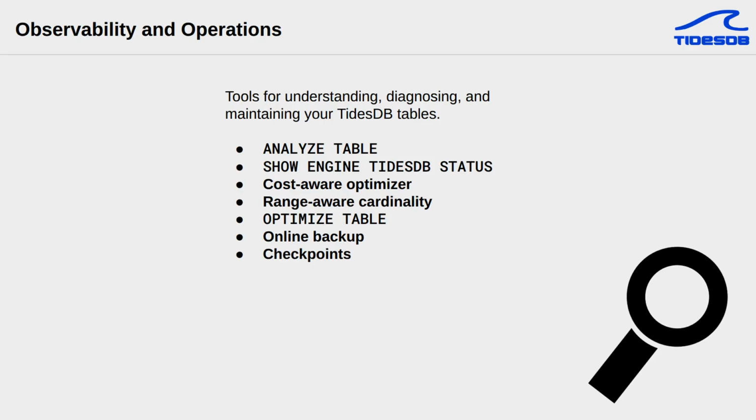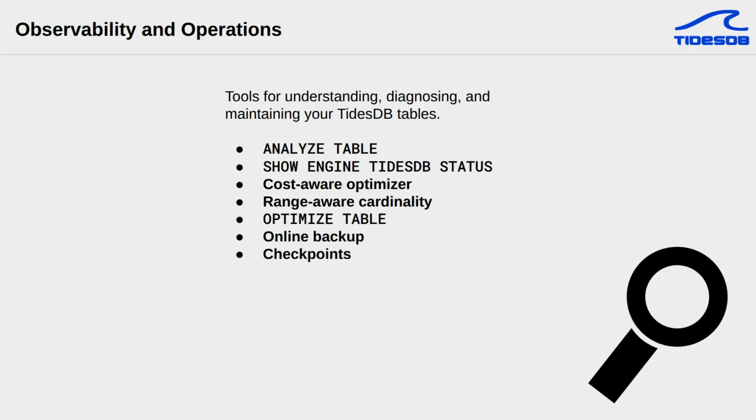Read amplification information for the table, average key sizes and values, and even B plus tree statistics on the Klog if you have that configured. We have show engine TidesDB status, which will show you the memory statistics, memory pressure statistics, cache metrics, global sequence number statistics, queue statistics, conflict information, etc.